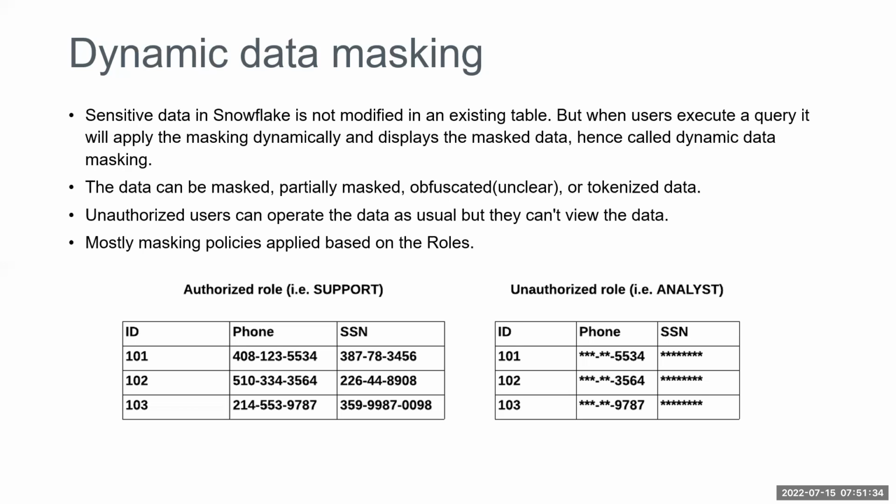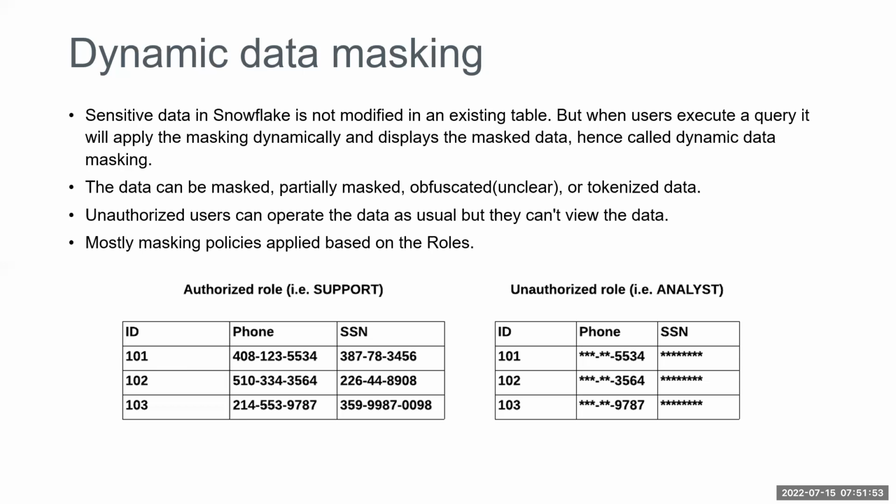The data can be masked, partially masked, obfuscated, that means unclear data which the user cannot understand, or tokenized data. So we can apply the masking policies on any type of data.